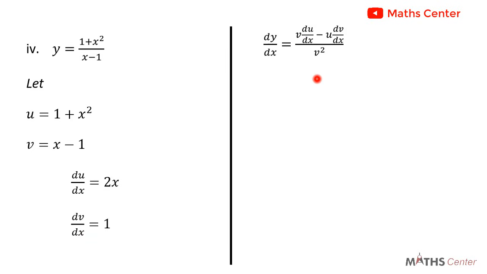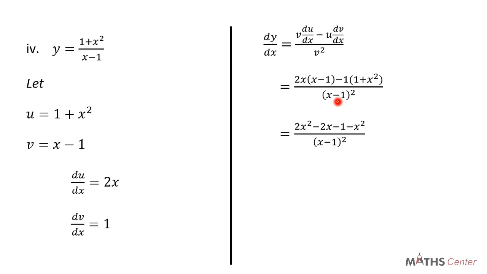substitute everything here. When you do that, you are going to have v is x minus 1, du dx is 2x, so you have 2x into bracket x minus 1, and then u is 1 plus x squared, dv dx is 1, so you have negative 1 times 1 plus x squared divided by v squared, and v is x minus 1, so x minus 1 squared.